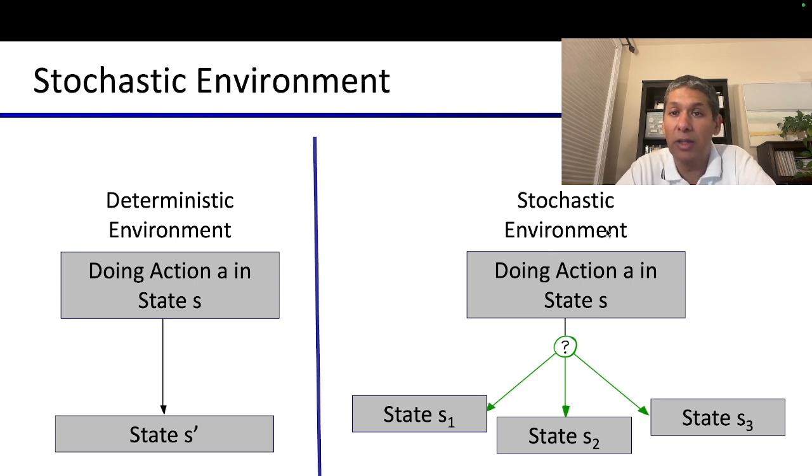But when you are in a stochastic environment, a probabilistic environment, doing an action A in the state S could lead you to quite a few different states, and that might also be accompanied by a transition probability of each of those states. So that's the underlying difference between the deterministic and the stochastic environment, and that's the environment that we are now operating in.